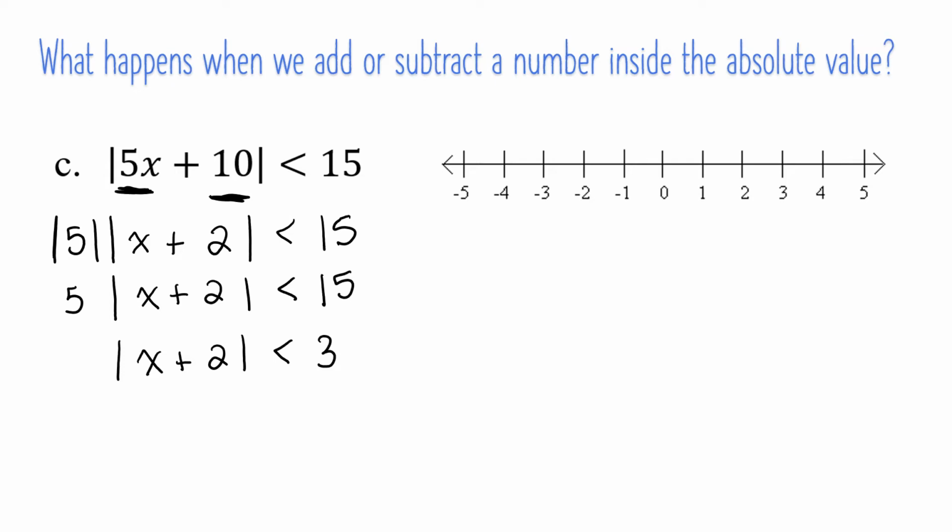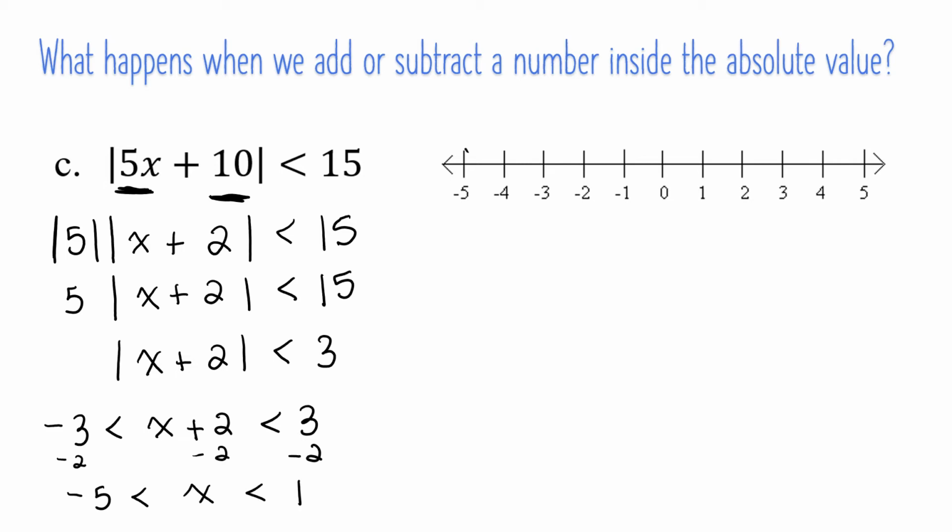Now we can convert this to a compound inequality. So we have negative 3 is less than x plus 2 is less than positive 3. And we can subtract 2 from each piece. So we have negative 5 is less than x is less than 1.